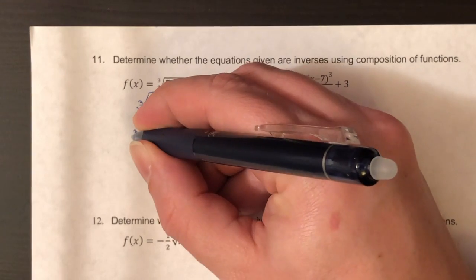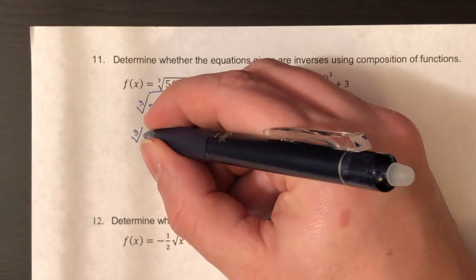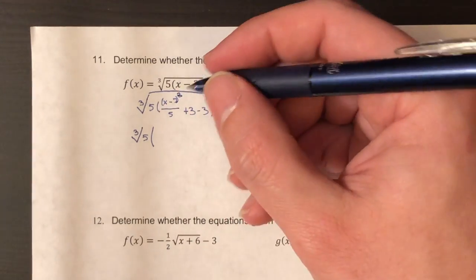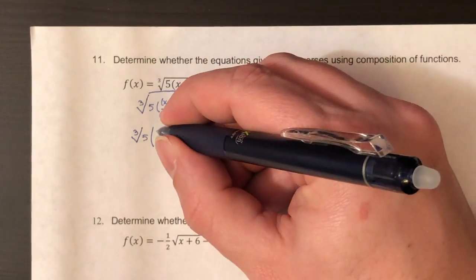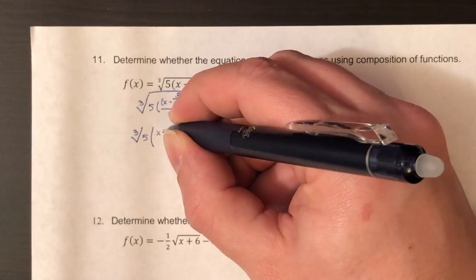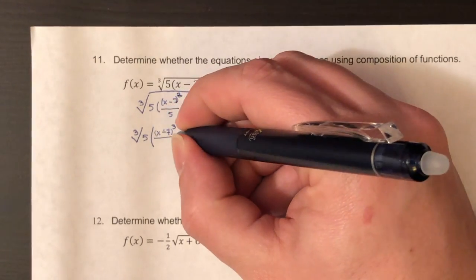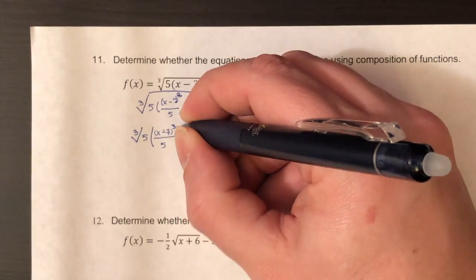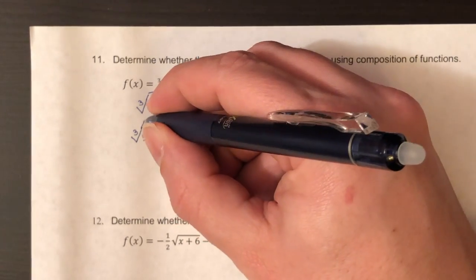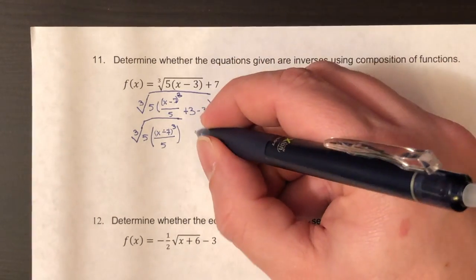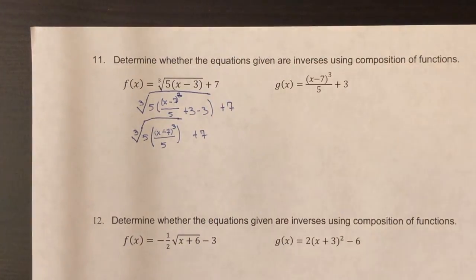So I've got the cube root of 5 times x minus 7 cubed over 5, and all of that is under the cube root, and then plus 7.